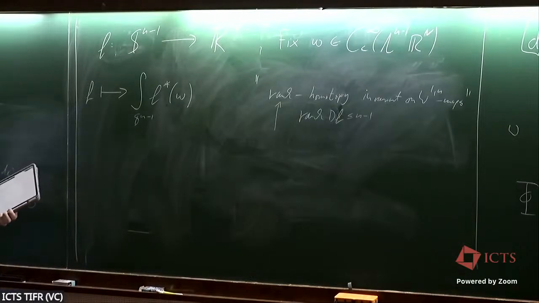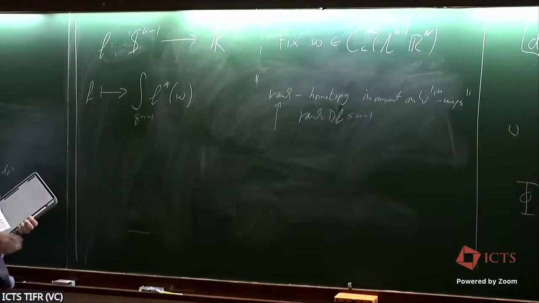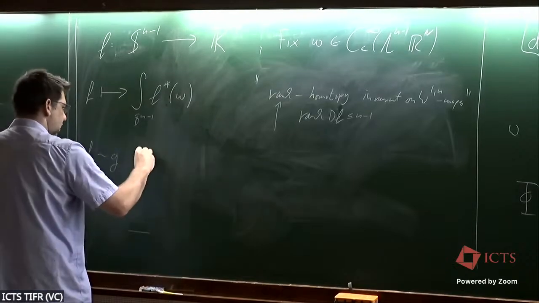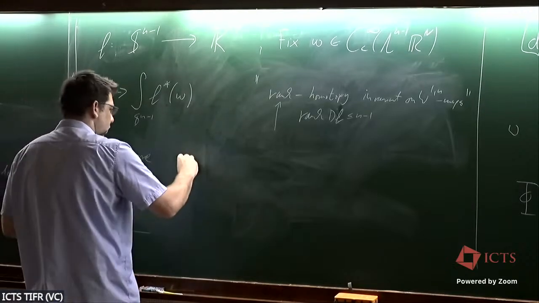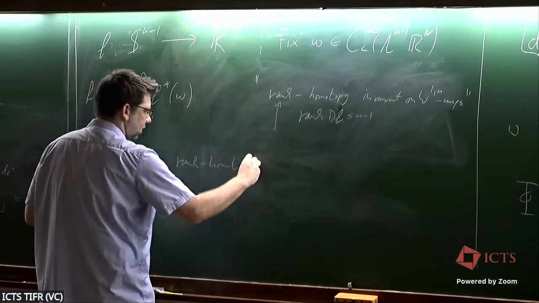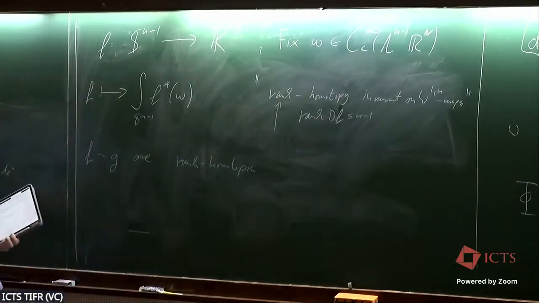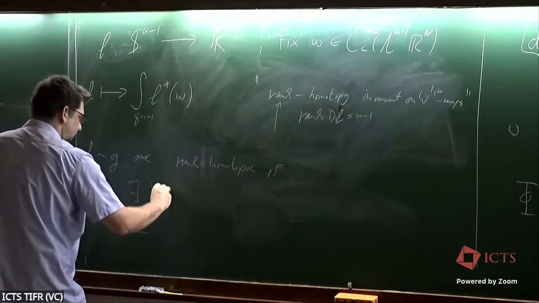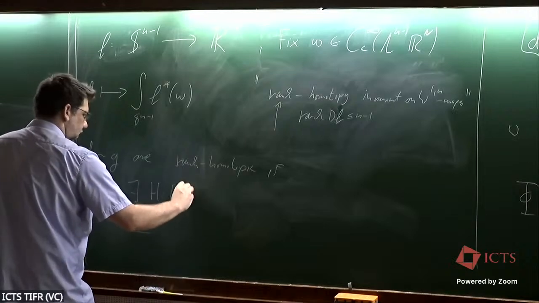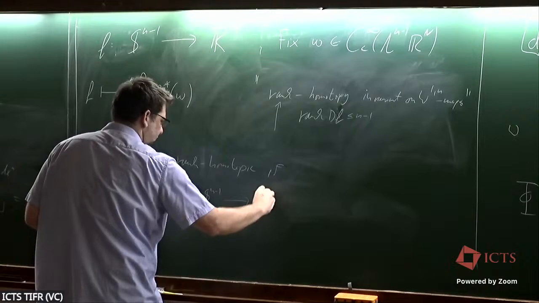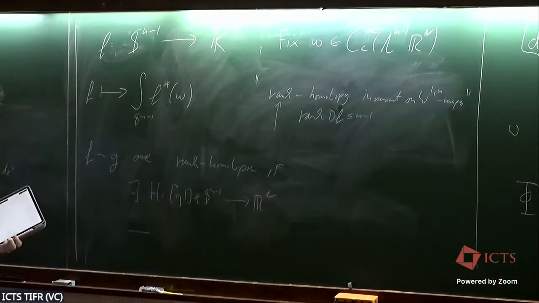And now we say that two maps F and g are rank homotopic. It's a word that I just make up. If the following is true, there exists a transform H going from 0, 1 cross Sn minus 1 into Rn. No manifold restriction here.